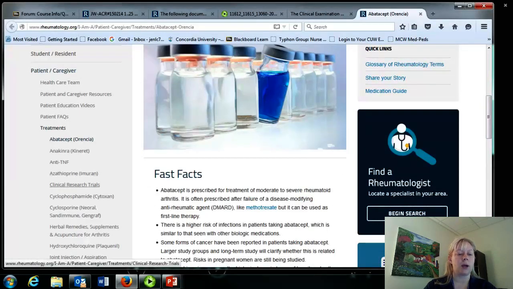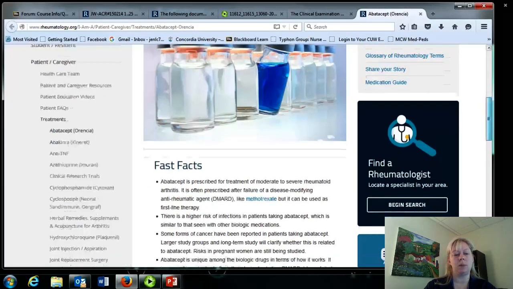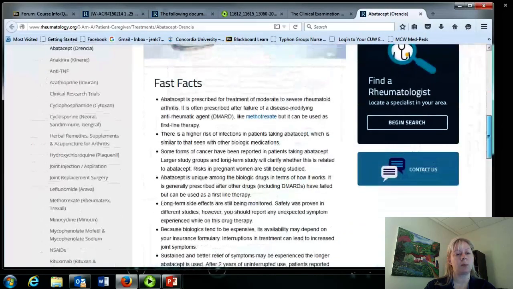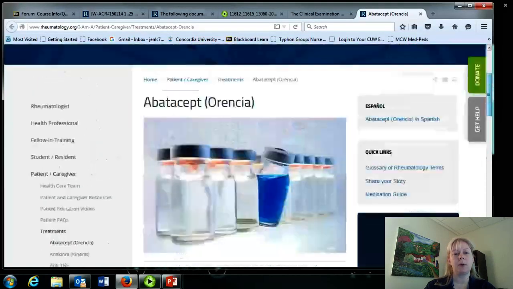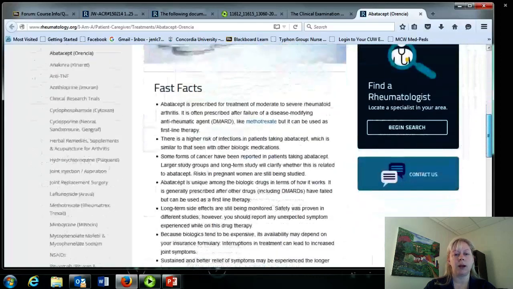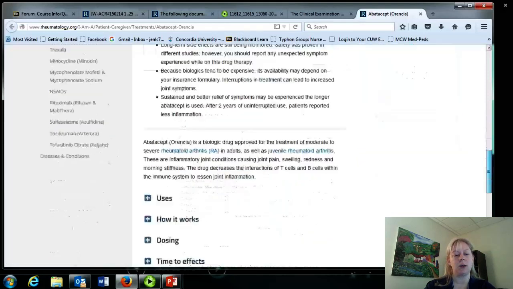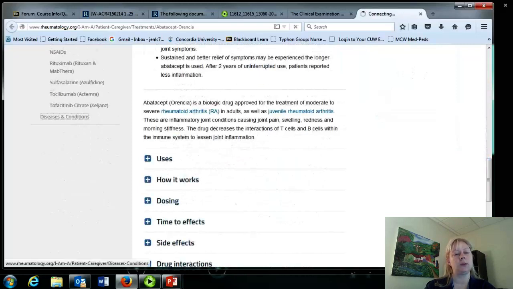But you can go down and pick any single medicine that's used for any type of rheumatological disorder, and it'll tell you what it's used for. For example, this is Orencia, and it is for moderate to severe rheumatoid arthritis. It's often prescribed after failure of a DMARD, such as methotrexate, but it can be used as first-line therapy. And it goes through the entire thing, so it'll tell you exactly what every specific medication is. The other thing is you can click diseases and conditions.